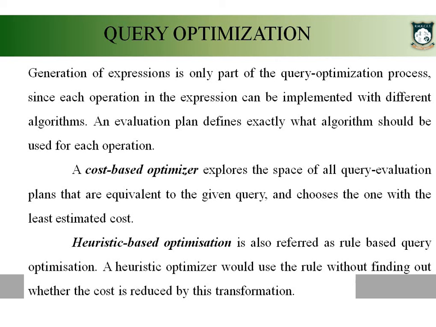One is cost based optimizer, where based on cost you can choose the appropriate relational algebraic expression, and another one is rule based. Rule based is what is referred to as heuristic based optimization. So cost based optimization and heuristic based optimization.